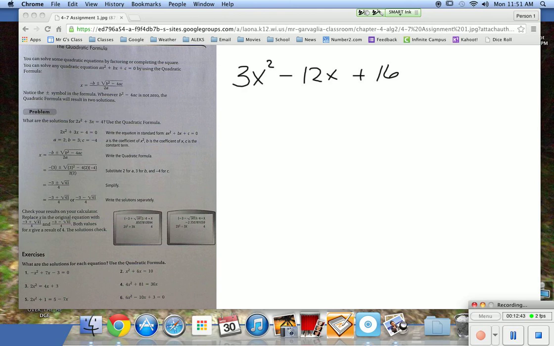We don't know that. But trying to factor this one here is a little tougher than if we just had a regular x squared out in front. So let's try it once. X equals negative b, which is 12, plus or minus the square root of b squared, which is 144.